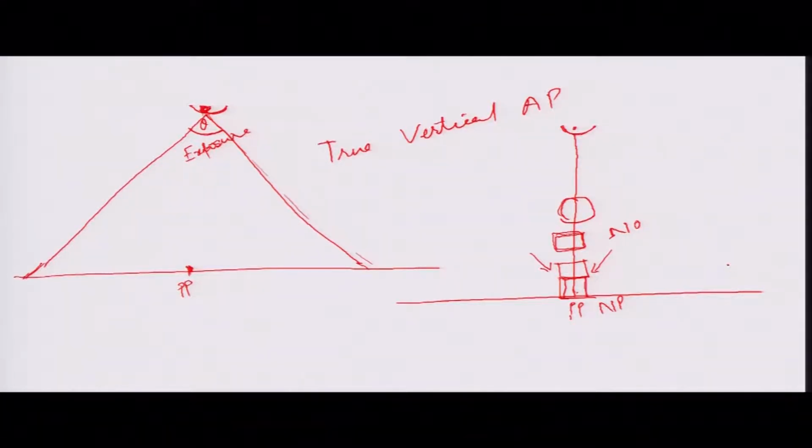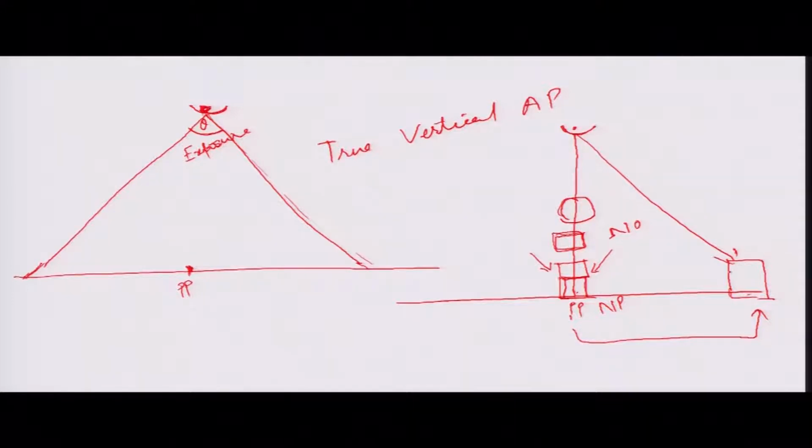But suppose there is a building which is located away from the principal point or nadir point, this will give you a difference in the appearance, like it will cover this building from this portion only.